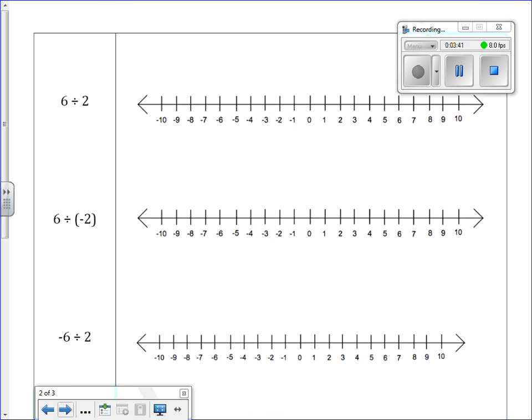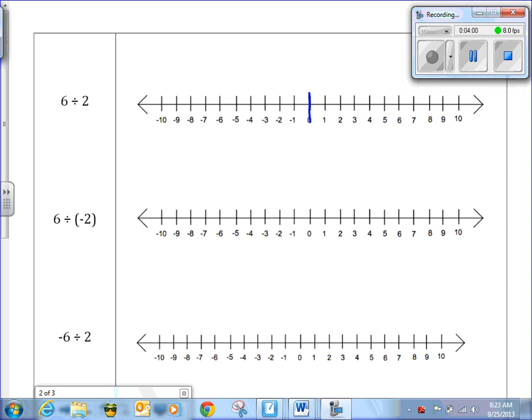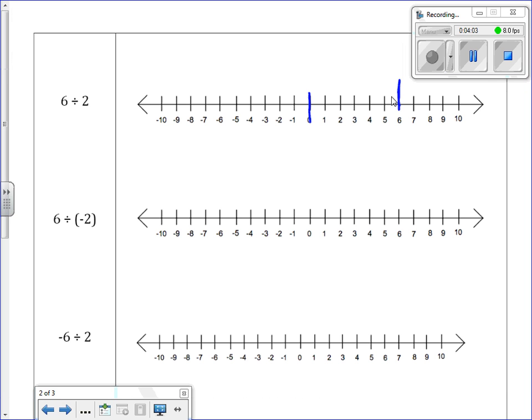Next, we want to talk about dividing using our integers. So I have 6 divided by 2. Okay? So this is the way we want to think about it. I'm starting at 0. My end point that I'm going to end up at is going to be 6. That's where I want to end up being. And I want to break that 6 into groups of 2.